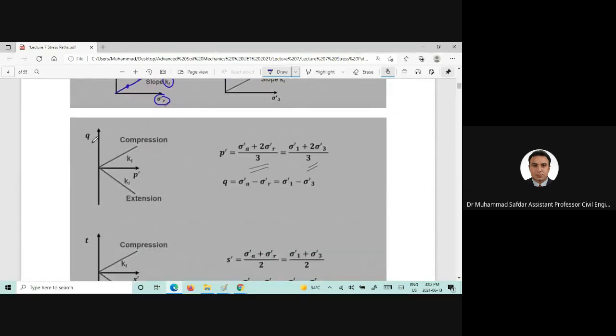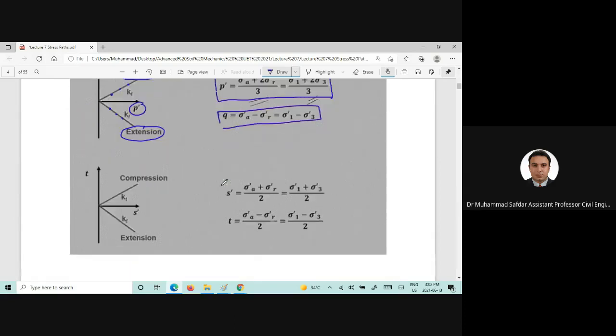We can also plot in the Q P prime plane as well, and the representation of the P prime is also given here. So if you perform a compression test, you will get that KF line, and you can also perform at least 3 extension tests and you will come up with the KF line, P prime and Q, or Q prime is expanded.